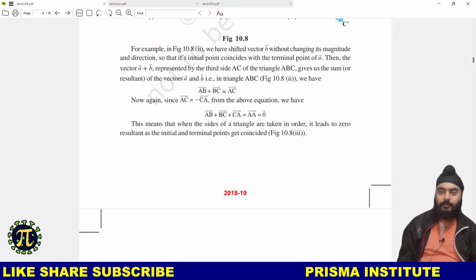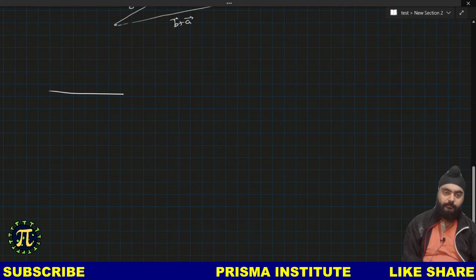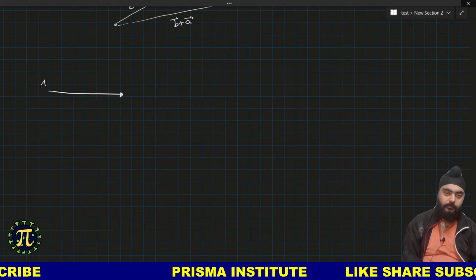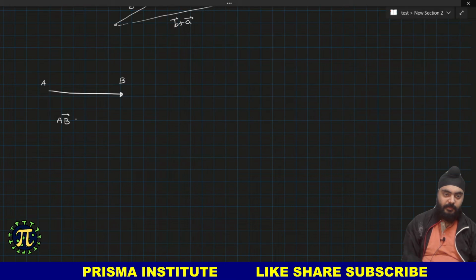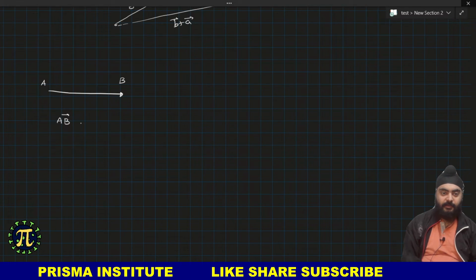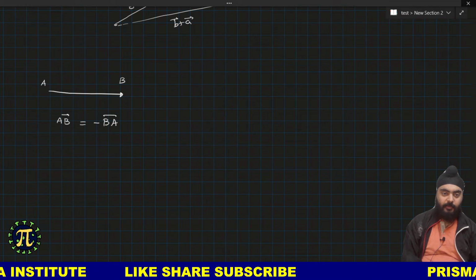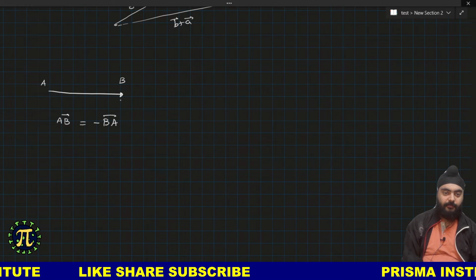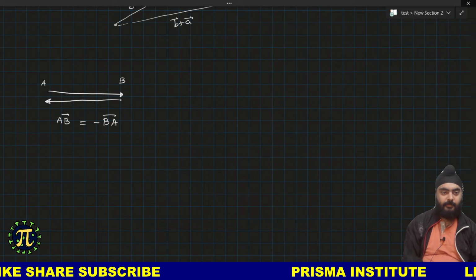Okay, so we already have defined, if I have an AB vector going from A to B, the AB vector is negative of the BA vector. Why? Because the BA vector will start from B and end at A, right?